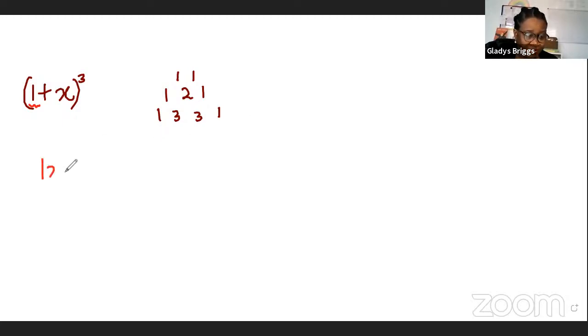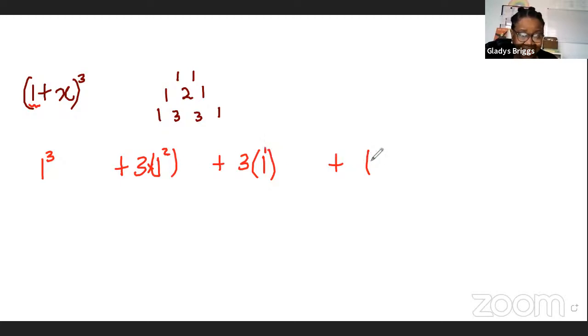So it's going to be 1 to the power of 3, plus 3 times 1 to the power of 2, plus 3 times 1 to the power of 1, which is 3, plus 1 to the power of 0, which is 1. So this is 3, 2, 1, and 0.